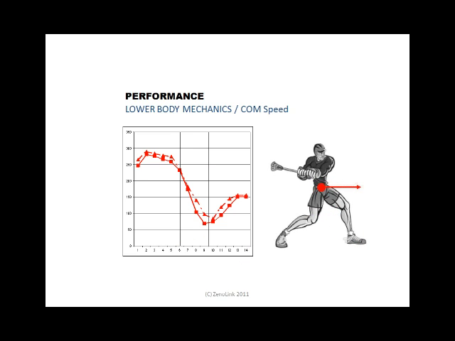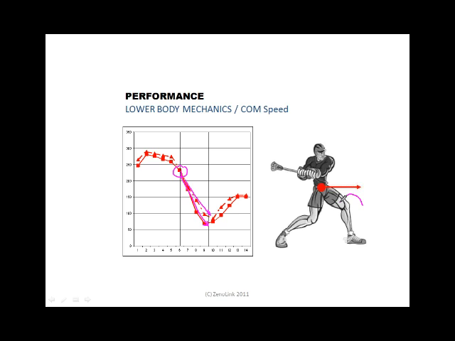When you look at the deceleration of center mass, it wasn't as dramatic a difference, but still significant. Both groups came in at about the same speed when shooting. However, because of the lead leg stabilization, the center of mass deceleration of the shots above 90 was significantly greater than that of those below 90.